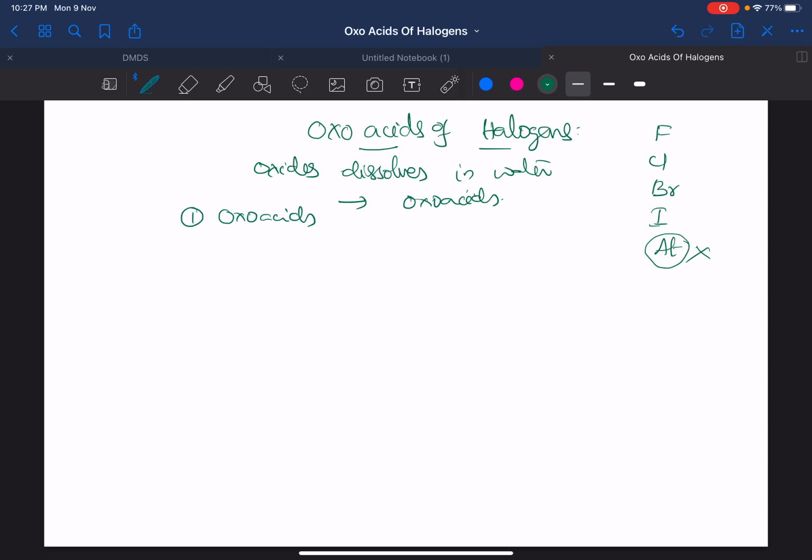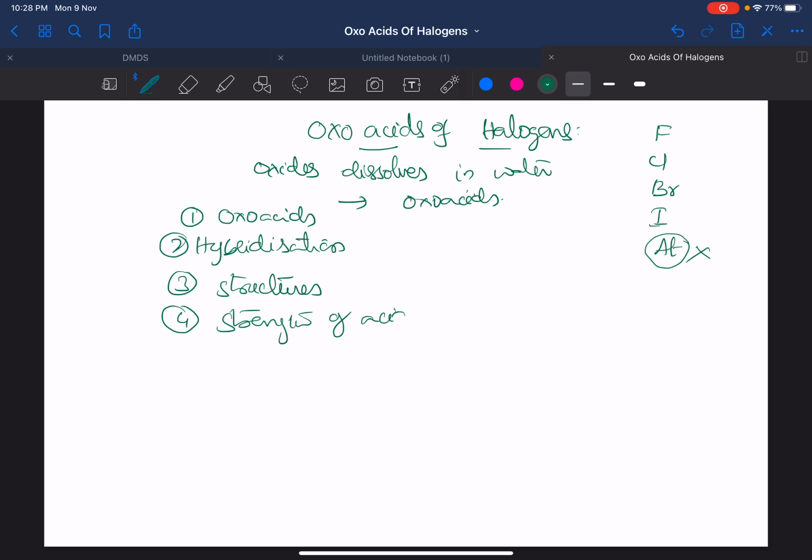Number two, hybridization. Number three, structures. And next, the strength of the acids. These four things we will now discuss for the oxo acids of halogens.